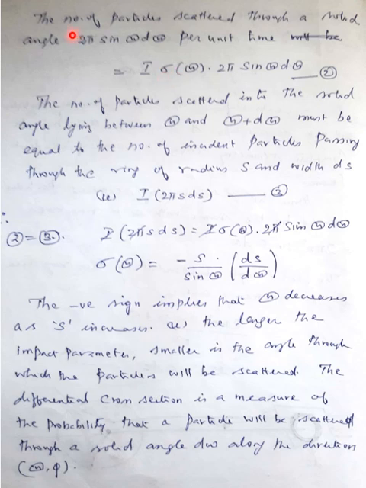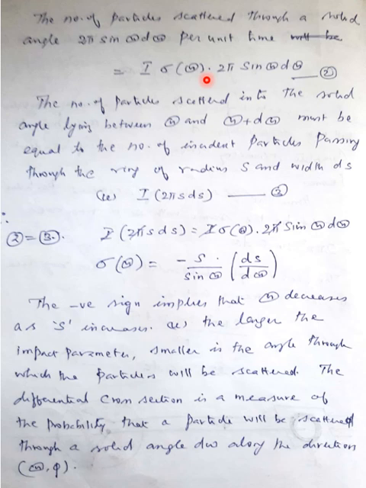The number of particles scattered into the solid angle lying between theta and theta plus d theta must be equal to the number of particles passing through the ring of radius s with the width ds.